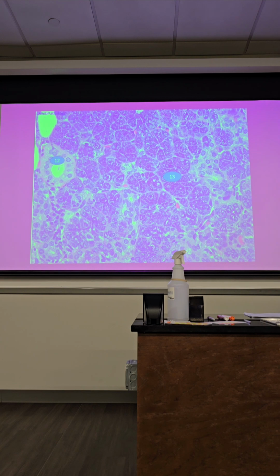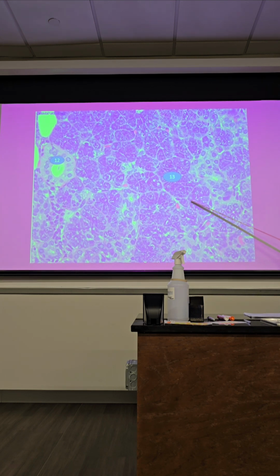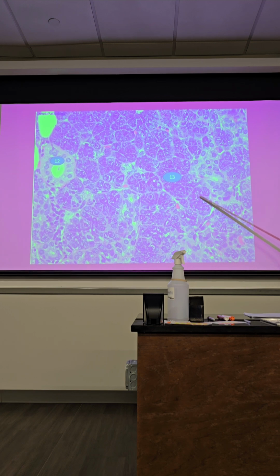Okay, the first question, identify the slide. Say it loudly, please. Parotid. Now these clouds you see here, if it's pink or purple in this case, then it's the parotid.